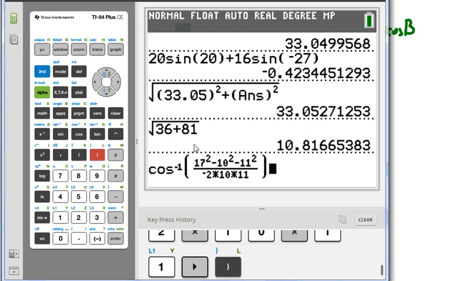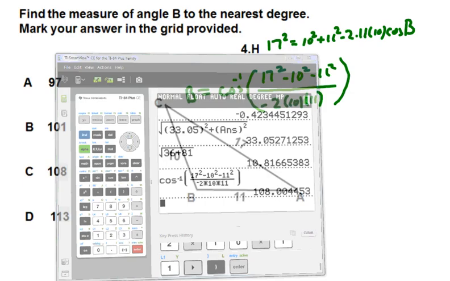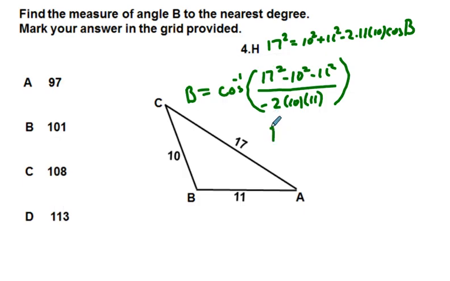We are in degrees. We should be good. 108 degrees. And that's answer choice C.